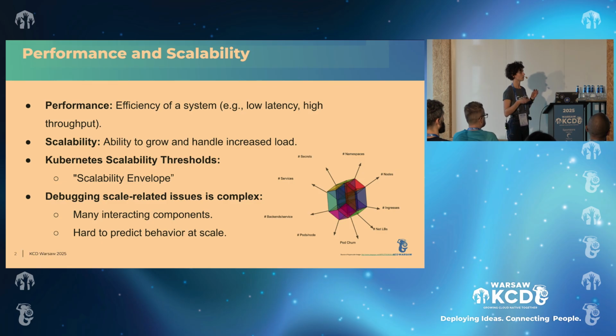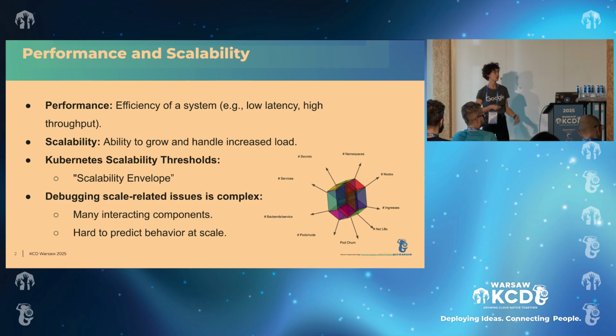And there is a term, scalability envelope, which shows us how this multi-dimensional environment can be visualized. Because when we want to test our system in terms of scalability, we need to find those thresholds. And when we have so many different APIs, when we try to maximize one API or one resource, it impacts others. This is very hard for us to do.